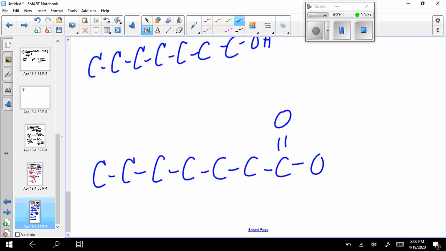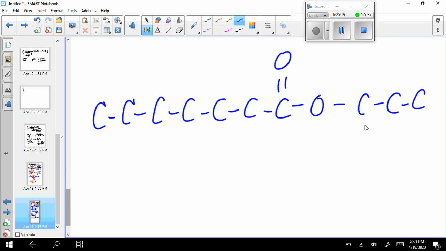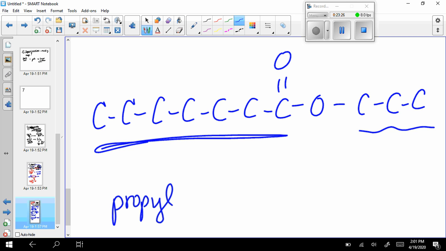Double bonded O, O. And then after it is my prop, so that's 1, 2, 3. And then to name it again, even though I already know the name of it, there's my branch, so that's propyl. And then there's my main chain, heptanoate. All right, that's it for organic reactions.